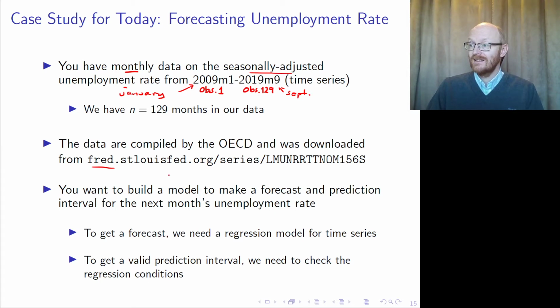Okay, so the data is compiled by OECD, and you can download the data if you want to. FRED, the Federal Reserve Bank of St. Louis, has a lot of macroeconomic data if you want to look for some data, and it's free of charge. So you want to build a model to make a forecast and prediction interval. So that's like a point forecast.